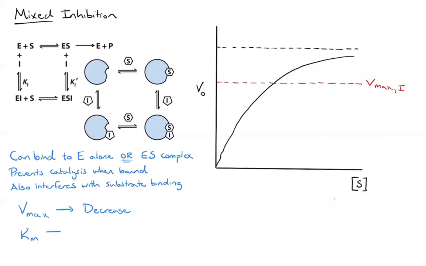So all we can really say here for a generic mixed inhibitor is that there's going to be some sort of change to the Km value, right? But which direction that goes in is going to be a balance between these two competing elements of the mixed inhibitor diagram.